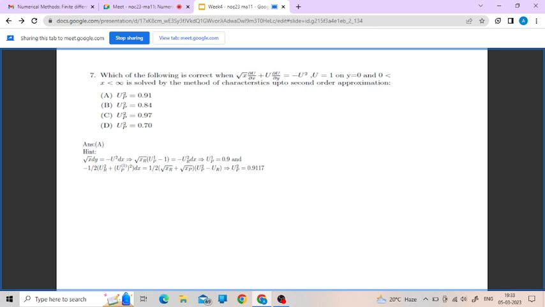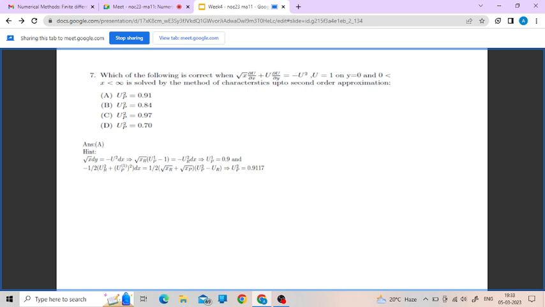After you get up1 equals 0.9, further solving you will get minus half (ur square plus up1 square) dx equals half (root xr plus root xp)(up2 square minus ur).